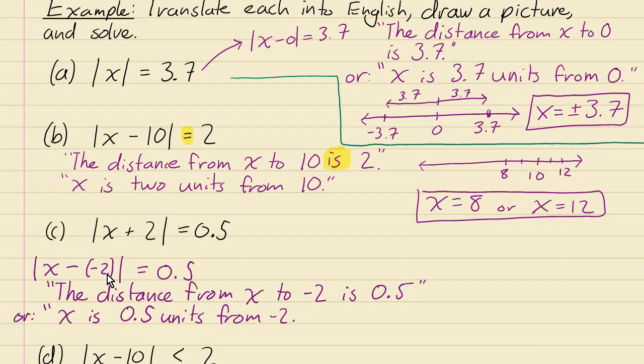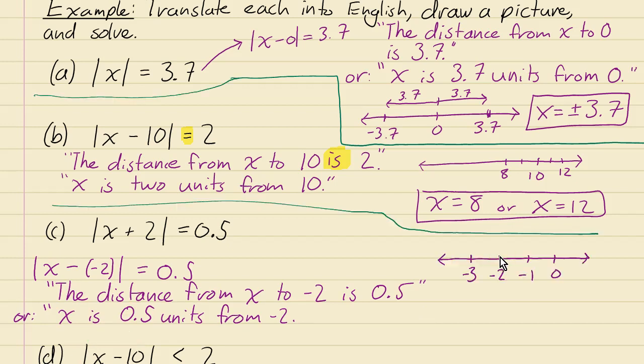So yeah, that distance from x to negative 2 is 0.5, and you can also say x is 0.5 units from negative 2. So if we draw a picture of that, here's negative 2. We can go in either direction a distance of 0.5 units to get to x. So you can go 0.5 units to the right, or you can go 0.5 units to the left.